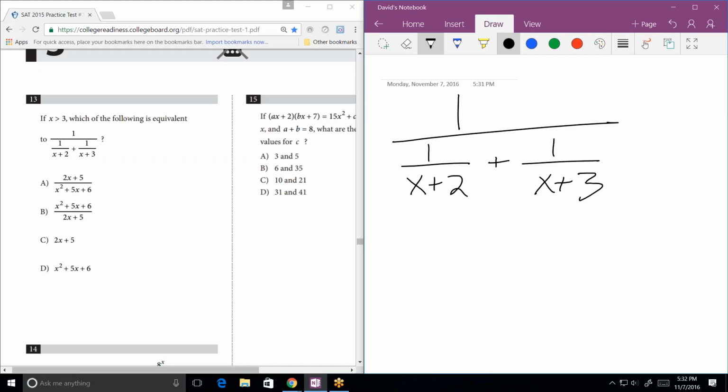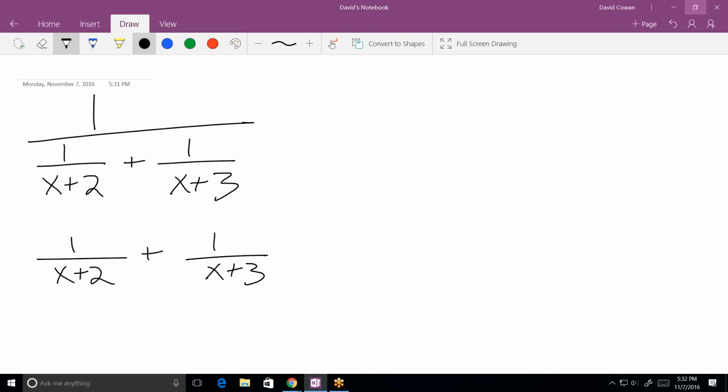How do you do that? You have to find a common denominator, and then multiply. What's the common denominator going to be? x squared plus 5x plus 6.